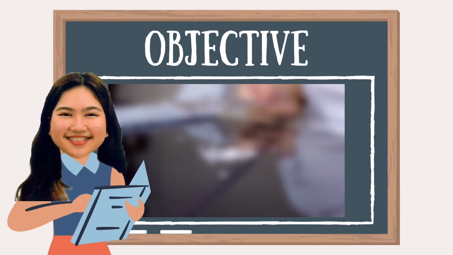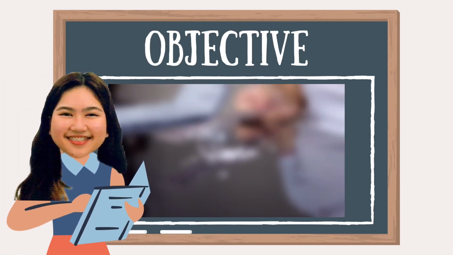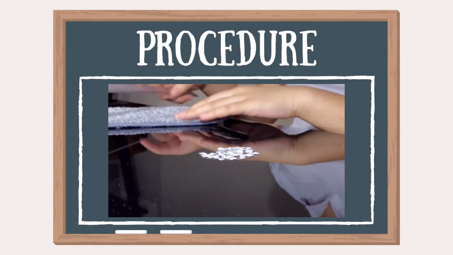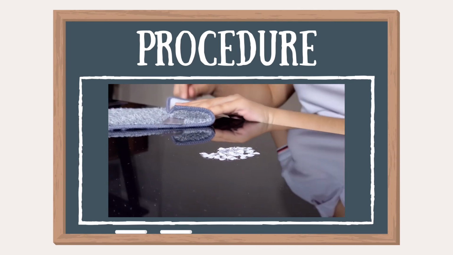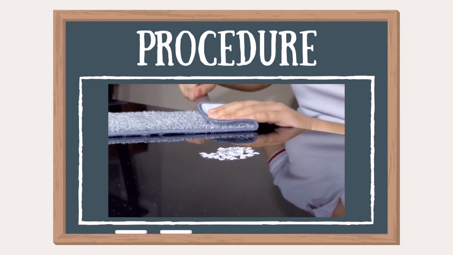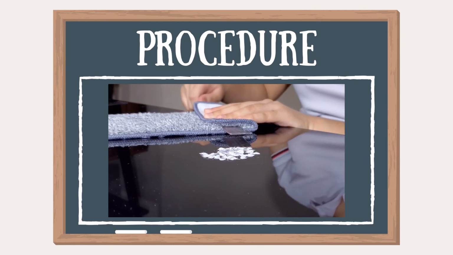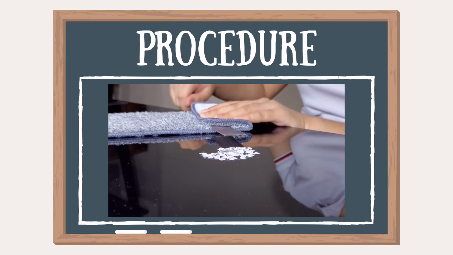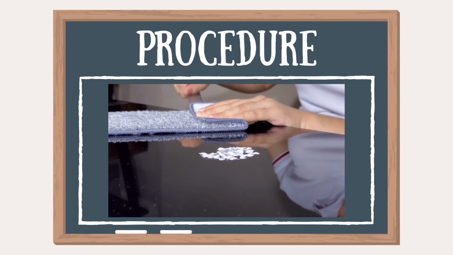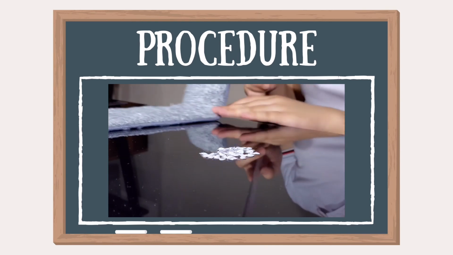Our objective in this simple experiment is to observe charging by induction. First, rub the wool and the ruler together. Then put the ruler above the bits of paper and see what will happen.